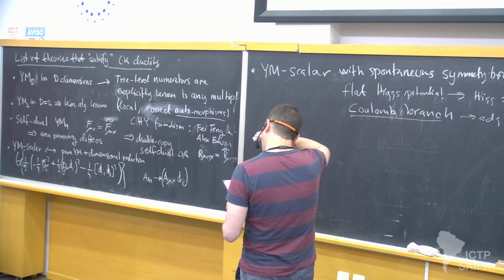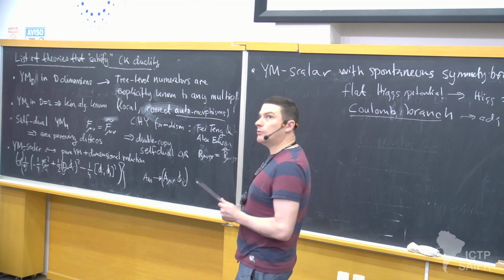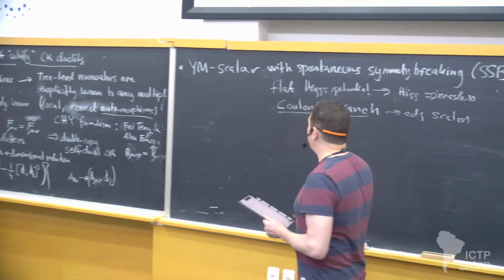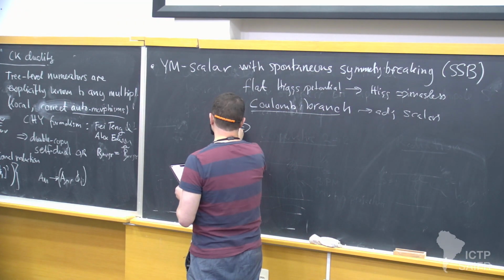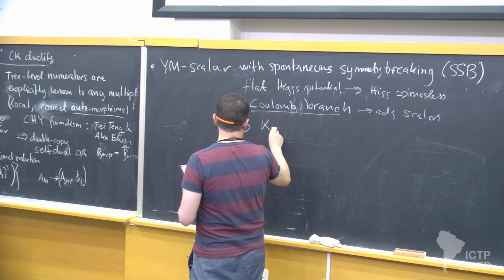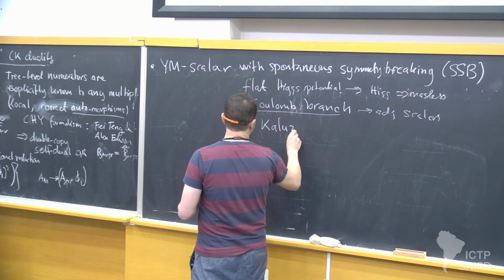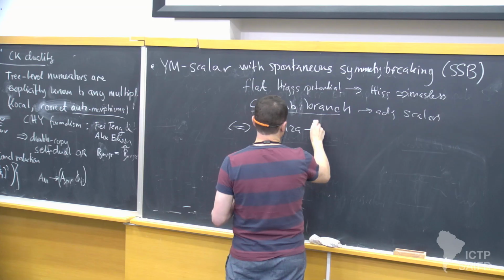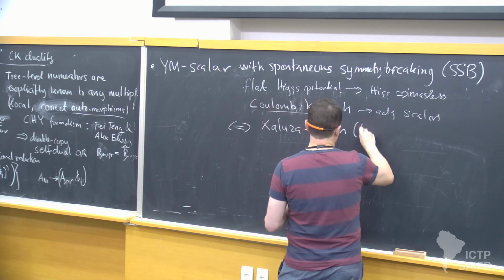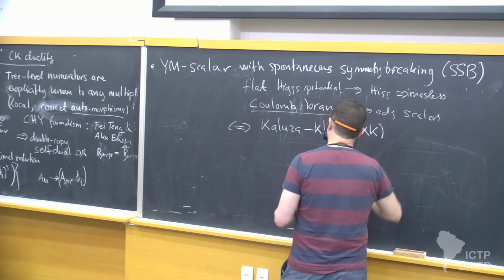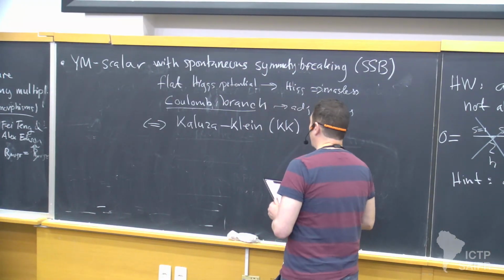Yeah, let's see. So I should say why it satisfies Color-Kinematics Duality. It's because this is actually secretly related to Kaluza-Klein, which I'm going to abbreviate as KK, not to be confused with Kleiss-Kuijf.